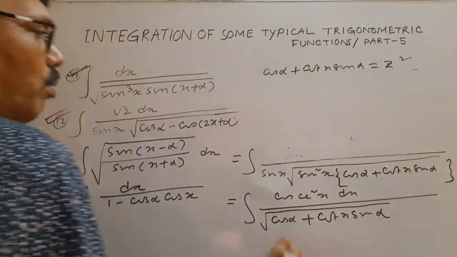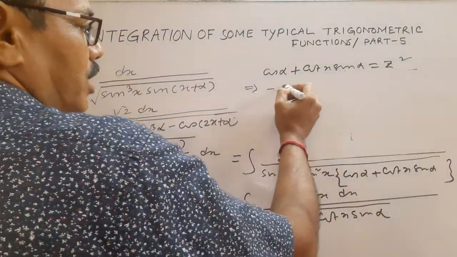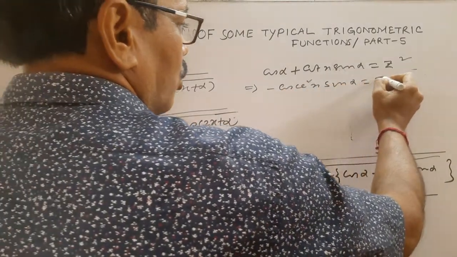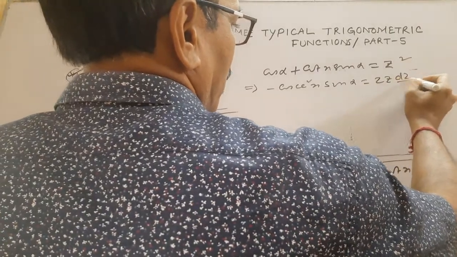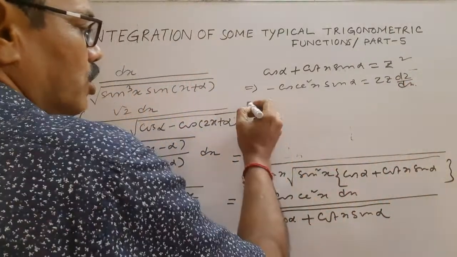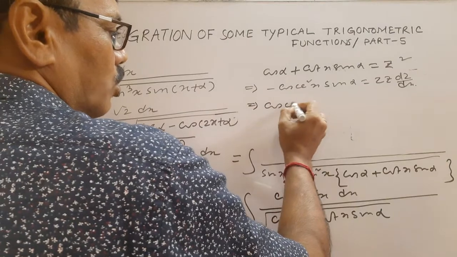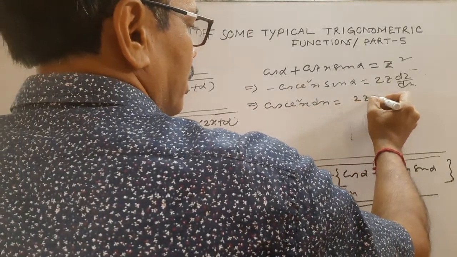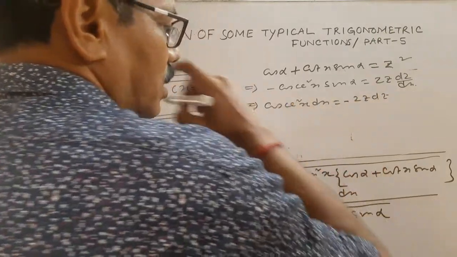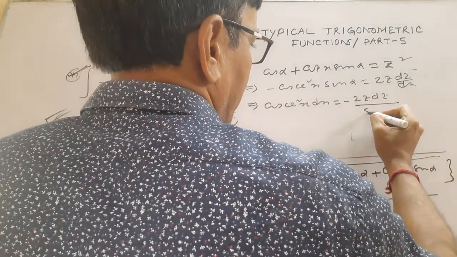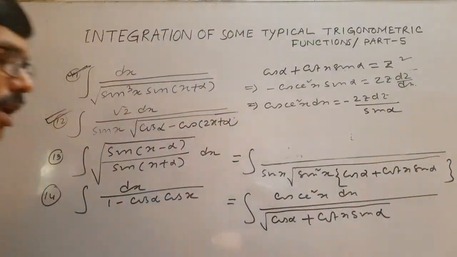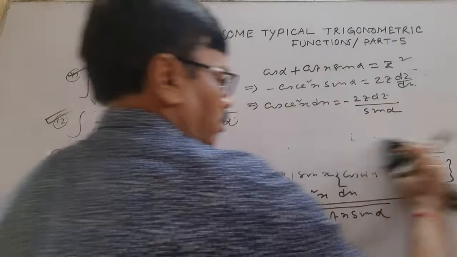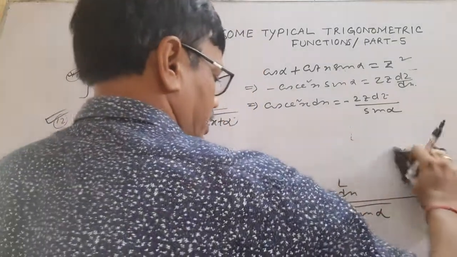Then minus cosec square x into sin alpha equals 2z dz by dx. So cosec square x dx equals minus 2z dz by sin alpha. So we are getting the value of cosec square x dx.